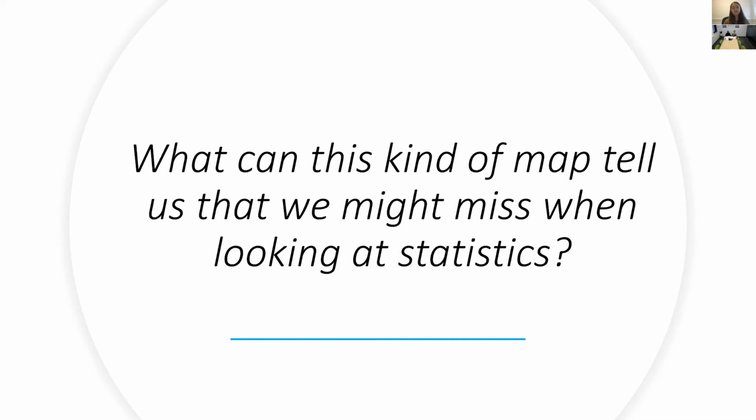The next question is, what can this kind of map tell us that we might miss when looking at statistics? I think that previous example was a good one. But it can also show us that neighborhoods are not all about the numbers. It's not even really about what programs are there, or how many schools there are. There are assets and problems in communities that you can't get from numbers.